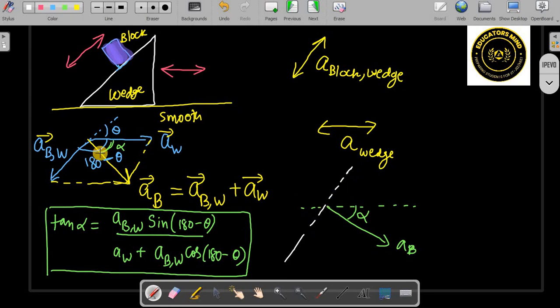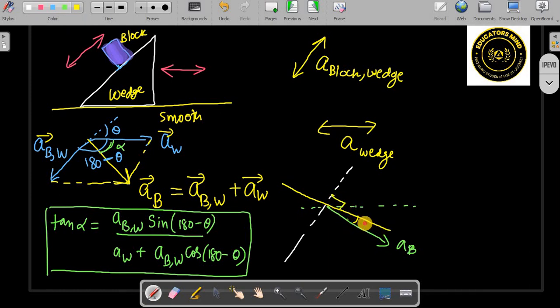Now what we can do is, instead of taking this as alpha, let me consider some other angle. Let me say that the actual acceleration of the block is making some angle phi with the normal. Let me say this is the normal, normal to the plane.